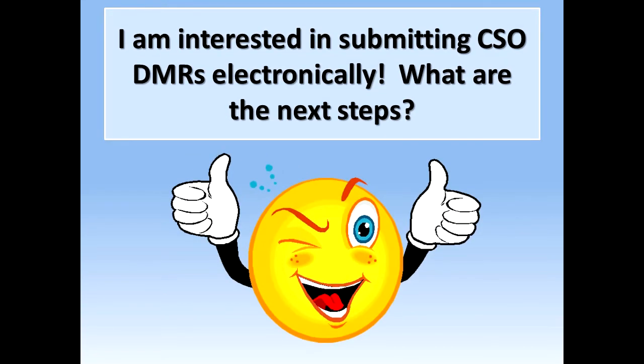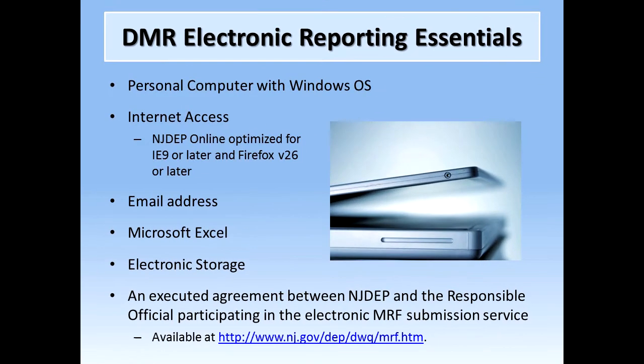Now, if after hearing all about electronic DMR reporting, you are interested in submitting your forms electronically, there are certain essentials that are needed at a minimum. In order to participate in the program, the permittee must possess or have access to a personal computer with a Windows operating system.